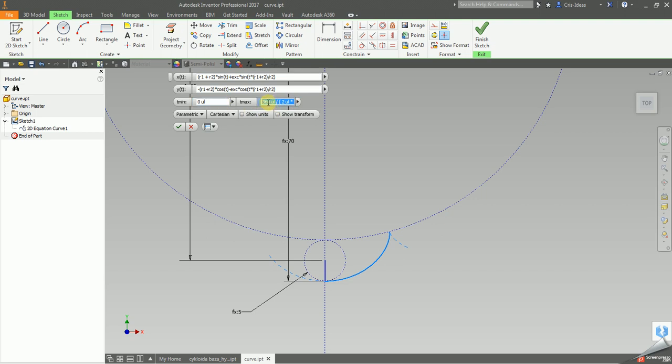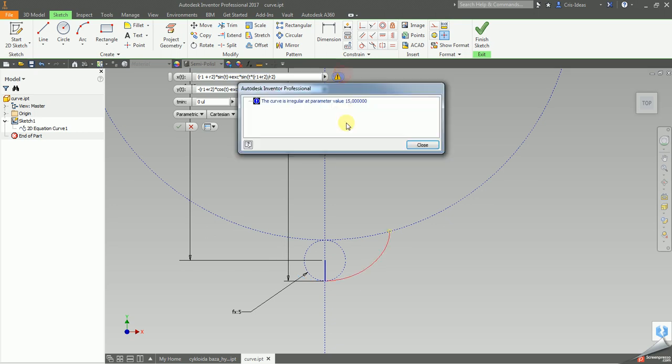I have this defined as 360, in degrees, divided by 2 multiplied by I plus 1. So this gives us only from here to here, and it works no matter what parameters I put, because it is also parametrically linked.